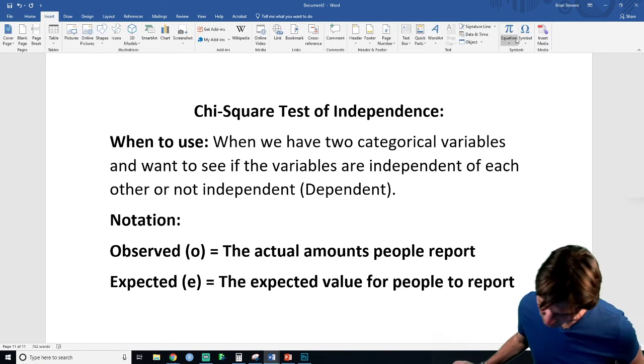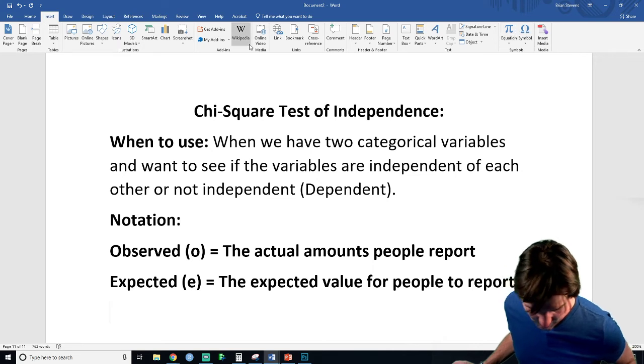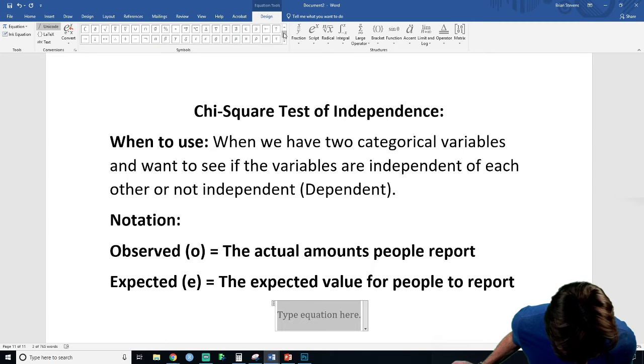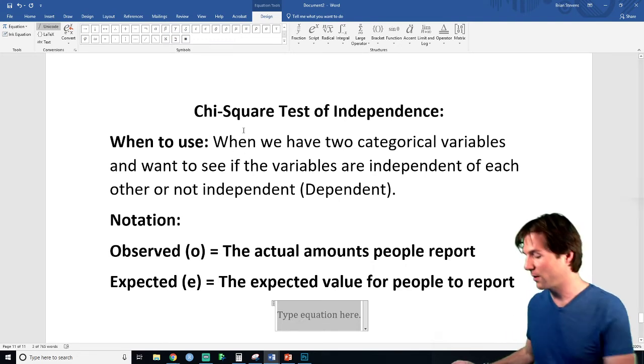And let's insert into here, we need an insert symbol, chi-squared. So let's go to equation. Do we see a chi? I might draw the chi. So chi is our little x. Where's it at? I'm totally missing it. Oh no, we might have to draw it. Let's draw it out.